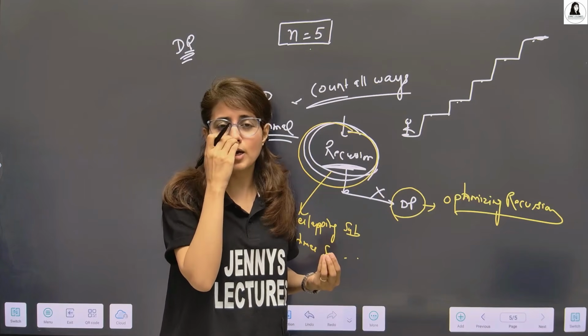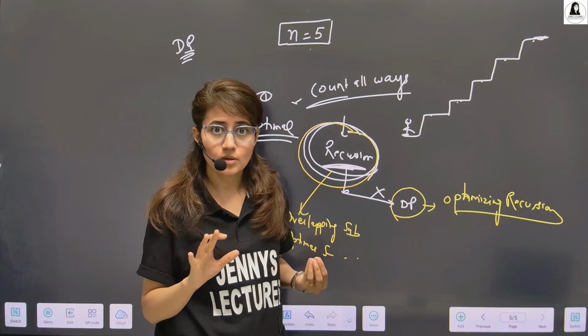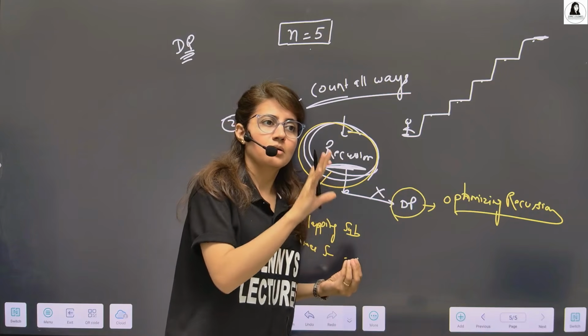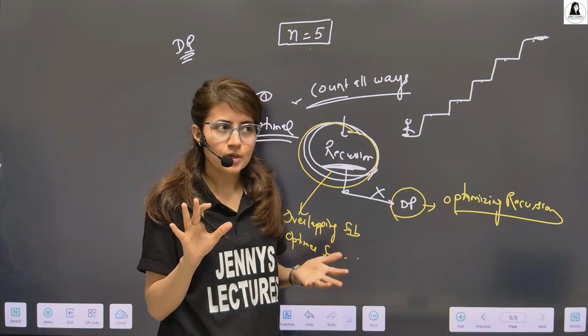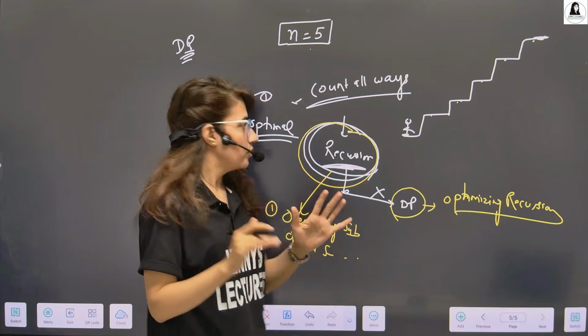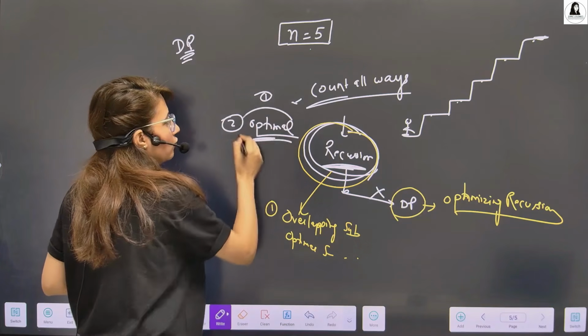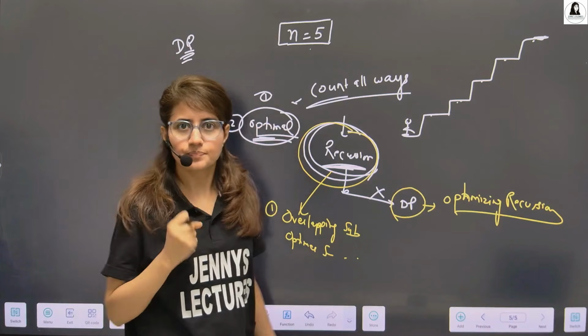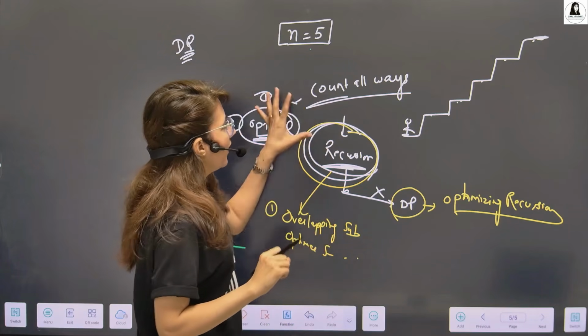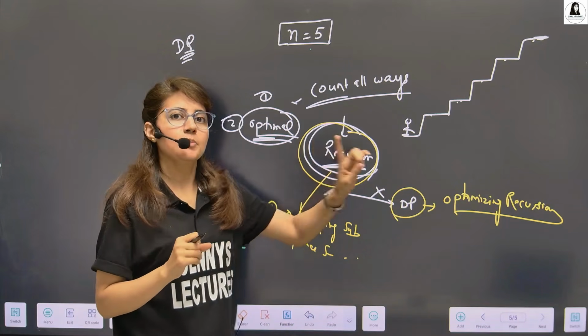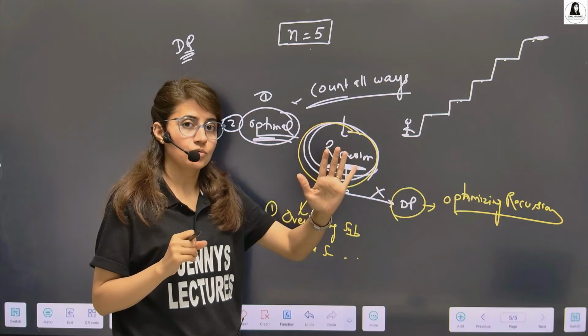Maximize profit, minimize cost, or minimize time, like that. Then you can identify that it may be a DP problem, but you have to figure that out.